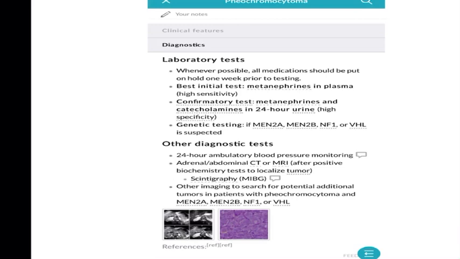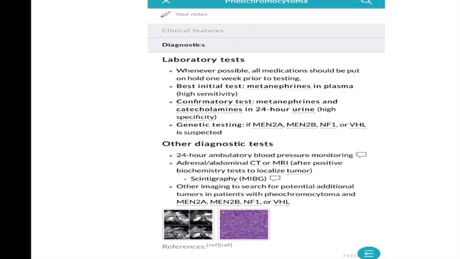Another diagnostic test is 24-hour ambulatory blood pressure monitoring. We have to monitor the blood pressure for 24 hours, because this is a sympathetic neuron-releasing tumor, which will constrict our vessels and increase the blood pressure.